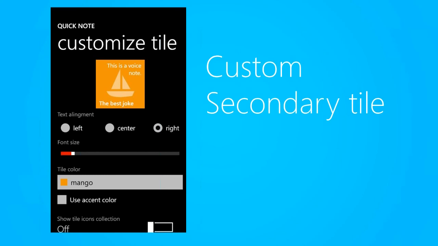Like a little speaker or a little microphone icon in the corner. Or maybe even default the main icon to be that microphone or speaker, to represent what kind of note it is without having to read a sentence.